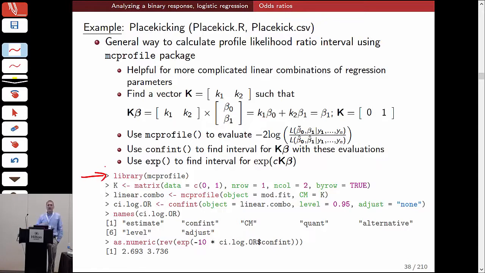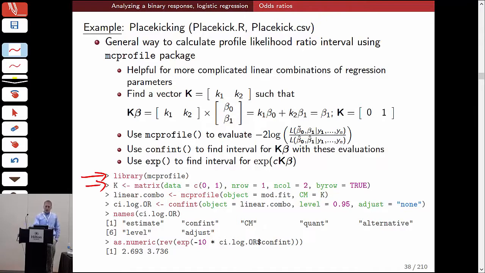So again, I'm going to need to download mcprofile, and then I say library(mcprofile) to actually use it. Then I can form k. So k was a row vector, and what I'm going to do is use the matrix function in R to help form it.